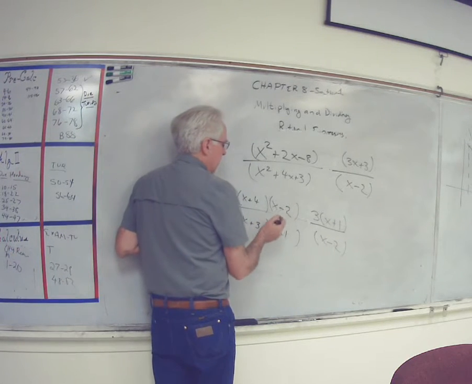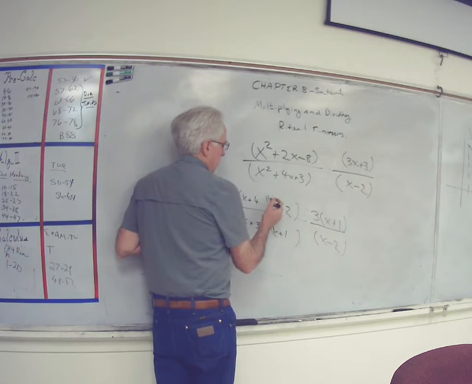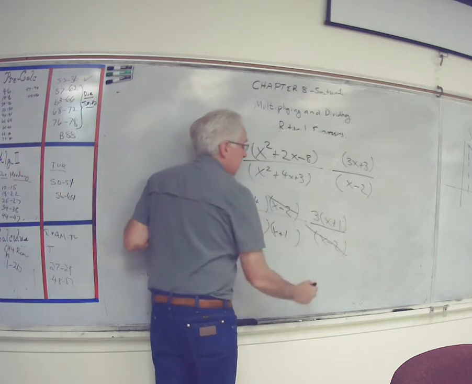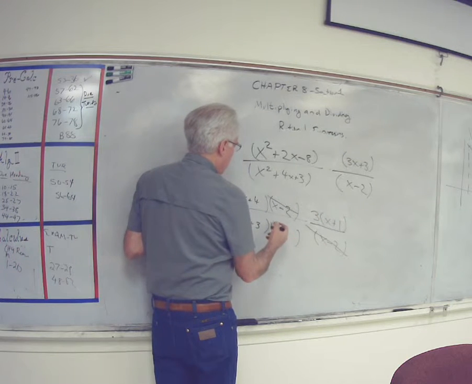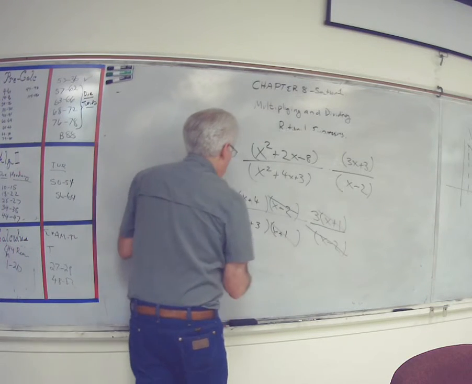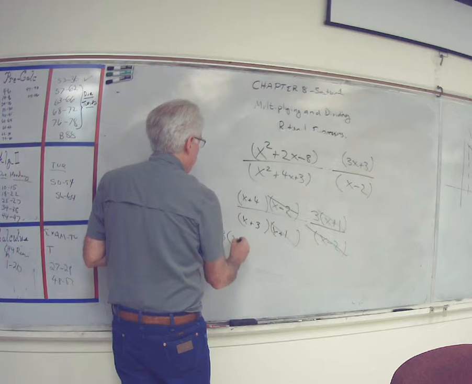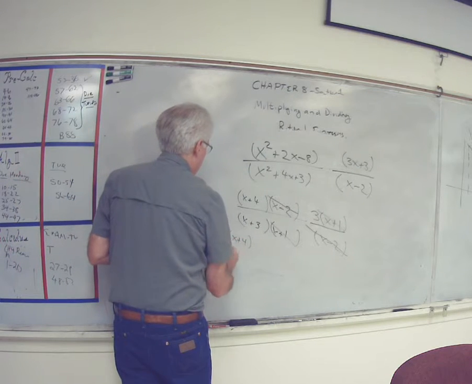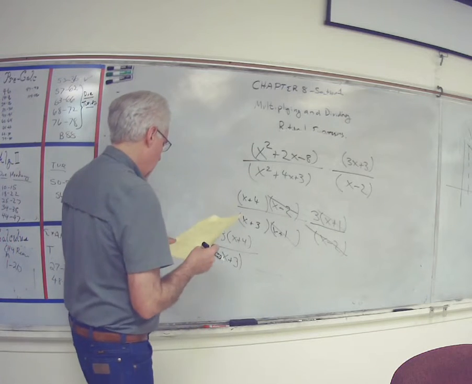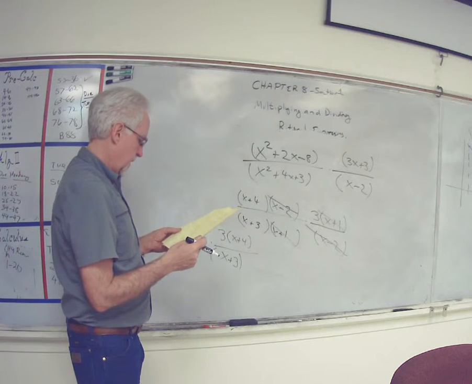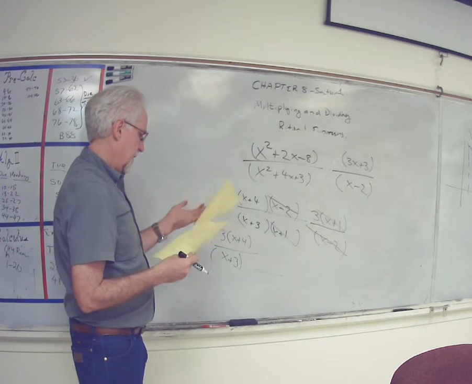What's one that's very obvious? x minus 2. x minus 2 over x minus 2 makes? 1. x plus 1 over x plus 1 makes? So I have 3 times x plus 4 over x plus 3, right? That's way simpler, isn't it? It's way, way simpler.